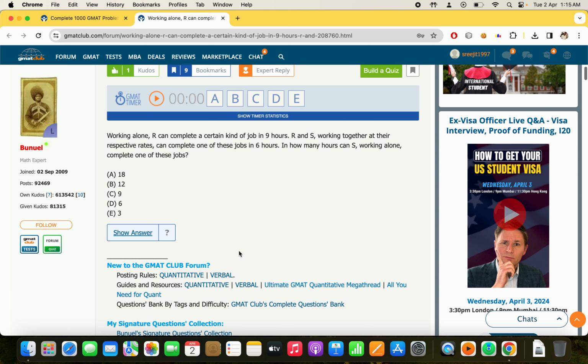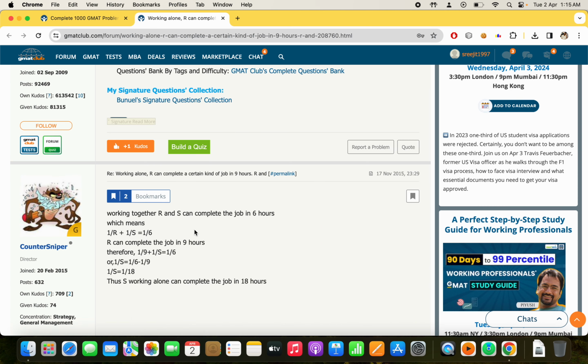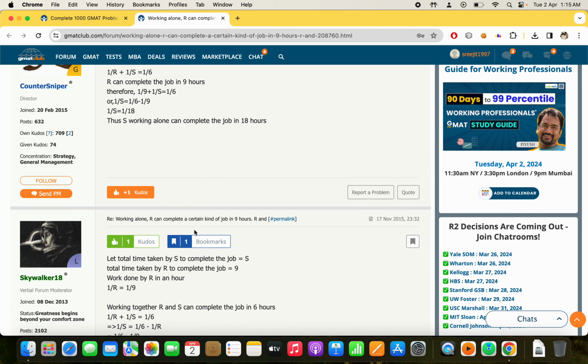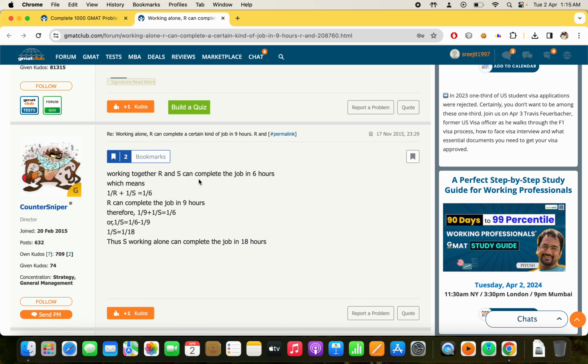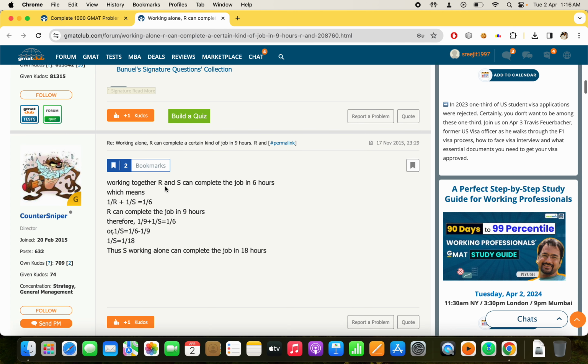Actually, I need to revise this time and work and let's see the answer directly. Working together, R and S can complete in 6 hours. So which means 1 by R plus 1 by S equal to 1 by 6. Makes good sense.